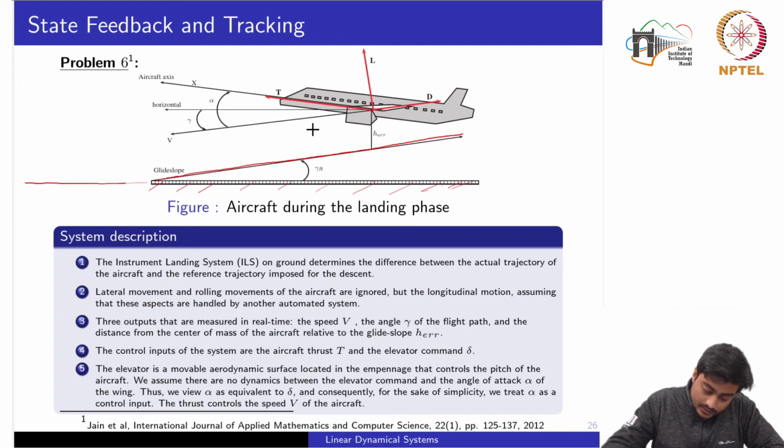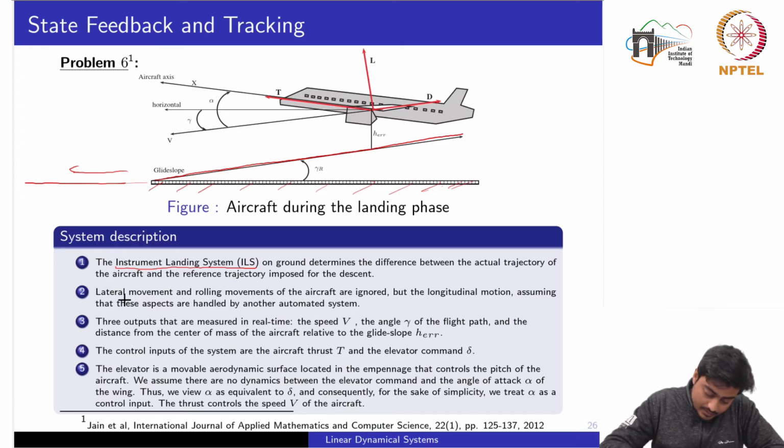In practical setups, we generally have the instrument landing system, what we also call the ILS, on the ground, which determines the difference between the actual trajectory of the aircraft and the reference trajectory imposed for the descent. The reference trajectory is this one given by the glide slope. The error is the height of the aircraft's center of mass, and it should descend along this glide slope to finally run onto the runway to lower its speed.